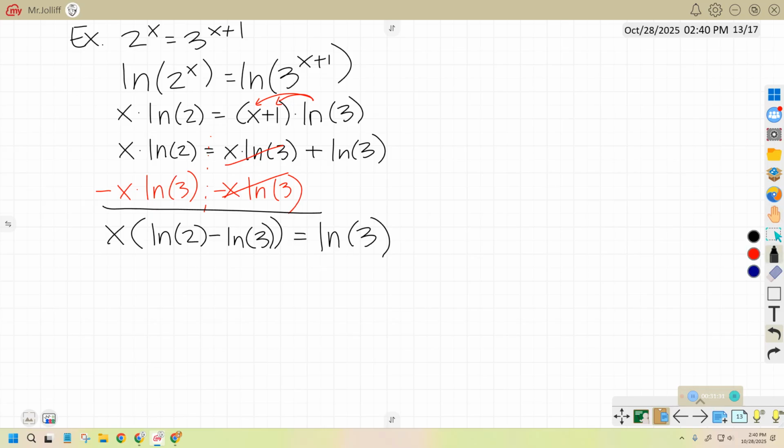I'm going to simplify before I divide. I know division's coming because it's x times the number. I'm going to make that number a little prettier. Subtraction outside a log becomes division inside the log. So 2/3. Who can tell me my last step?